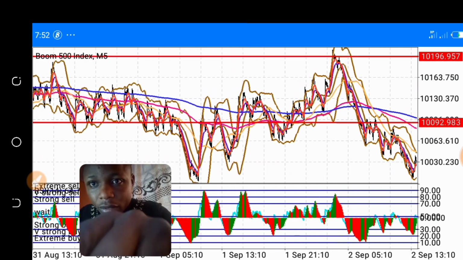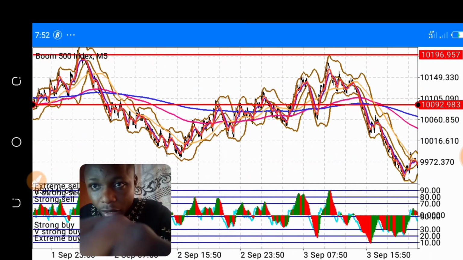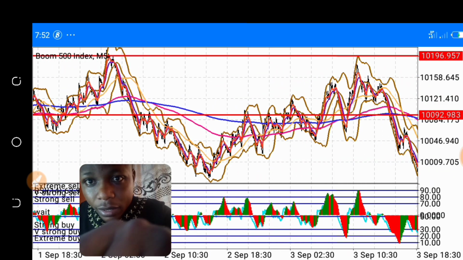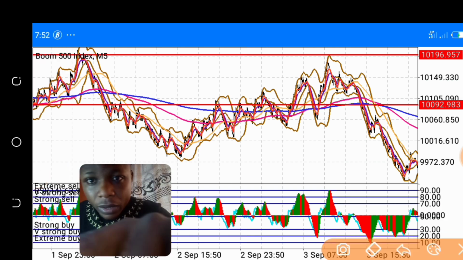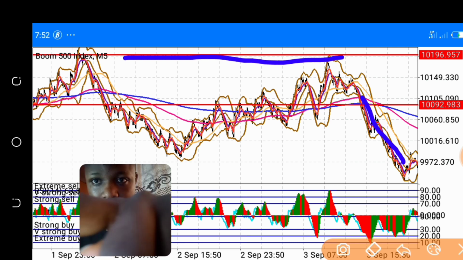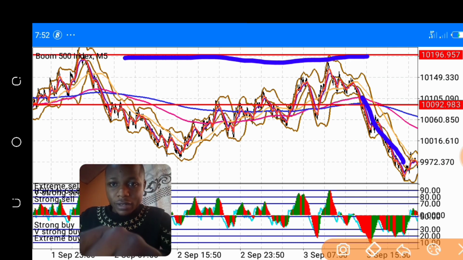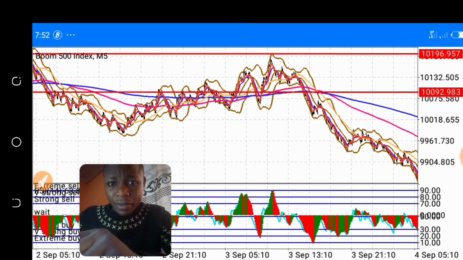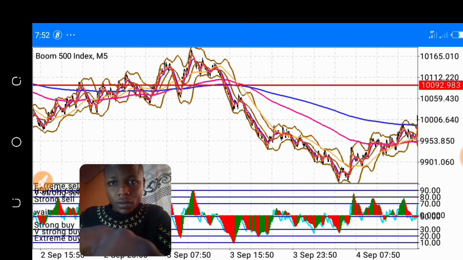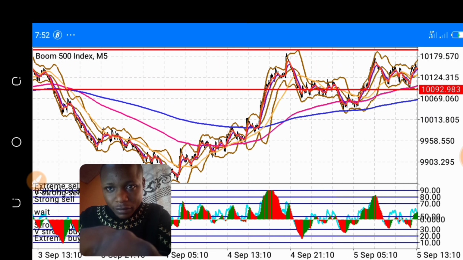So if you have drawn it from this level, let's say when the market was selling over here, maybe you have drawn this resistance level, for example, and just wait, or maybe you set a pending sell. Let's see the next time it is touching it.